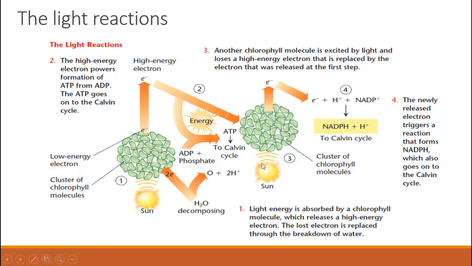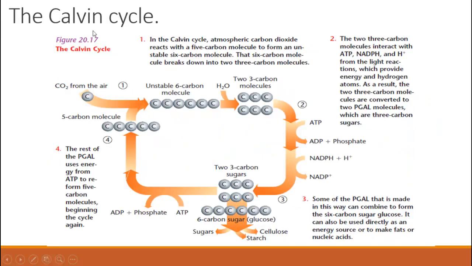After that, the NADPH and the ATP that formed as a result of the first absorption of energy continue to the second series of photosynthesis reactions, the Calvin cycle. So the NADPH and the ATP are going to go into another series of reactions called the Calvin cycle.